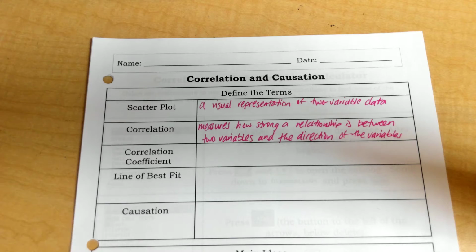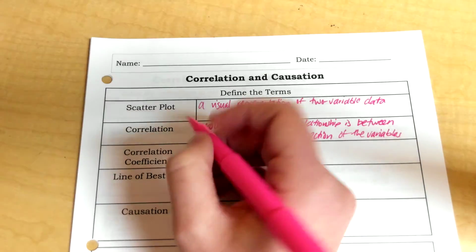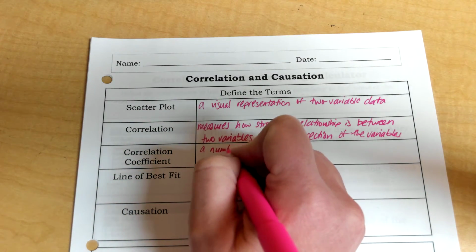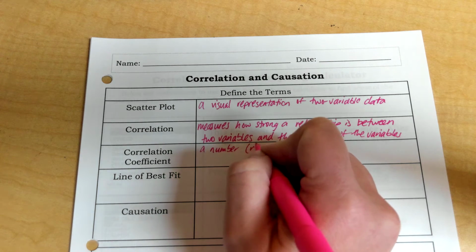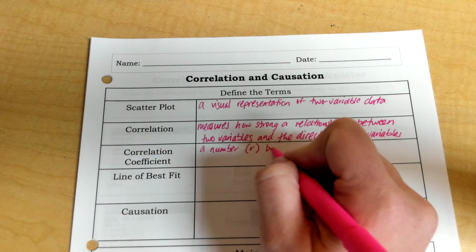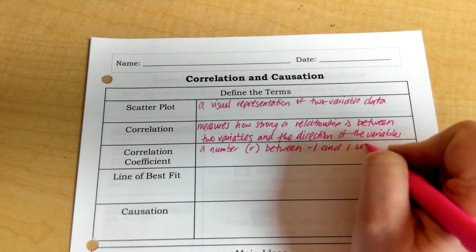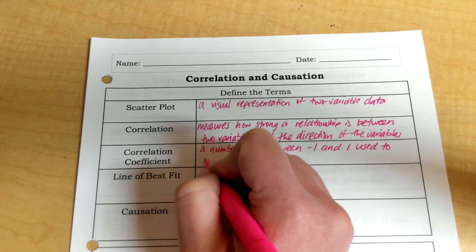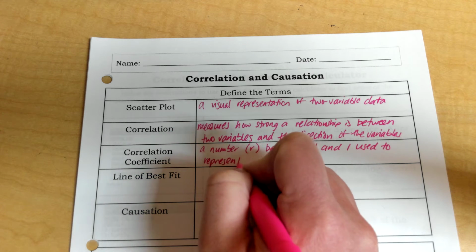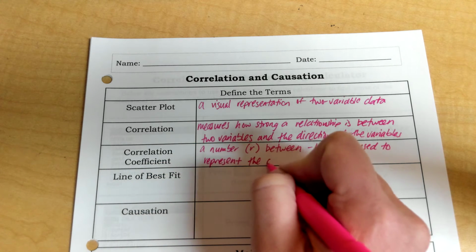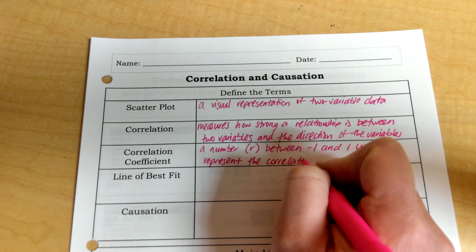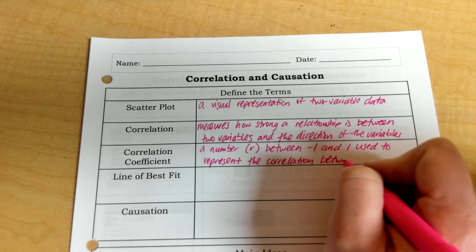Okay. The correlation coefficient is a number, and we use the letter R to represent it, between -1 and 1, and it is used to represent the correlation between variables.